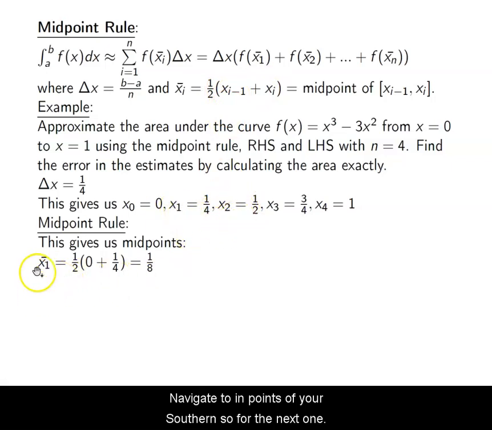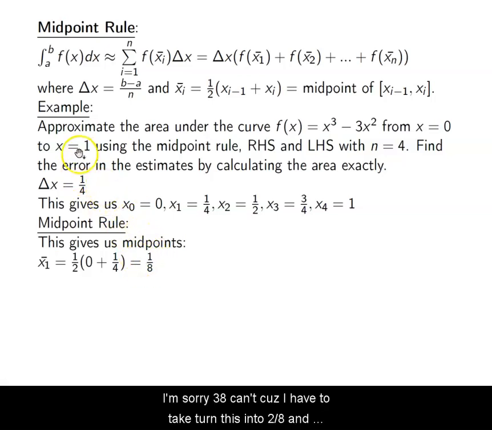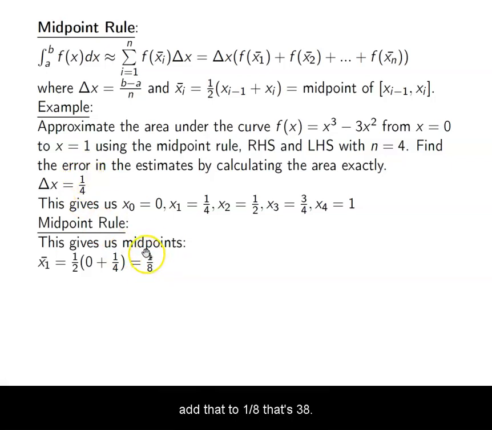So for the next one, x2 bar, I can add these 2 together and divide them in half, or I can take 1/8 and add to it 1/4. I'll get the same thing. So 1/4 plus 1/8 is 3/8, because I have to turn this into 2 over 8 and add that to 1 over 8. That's 3/8.